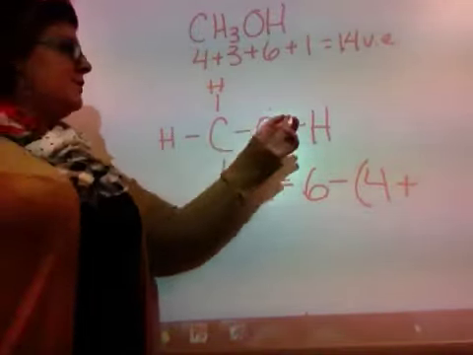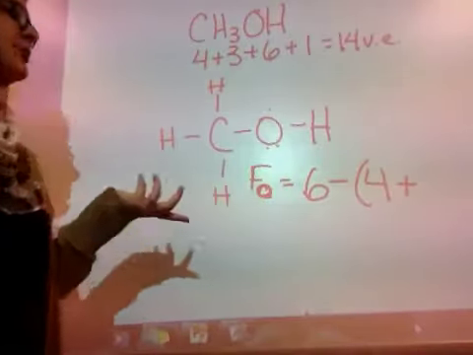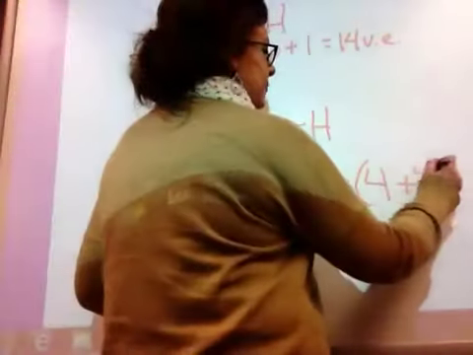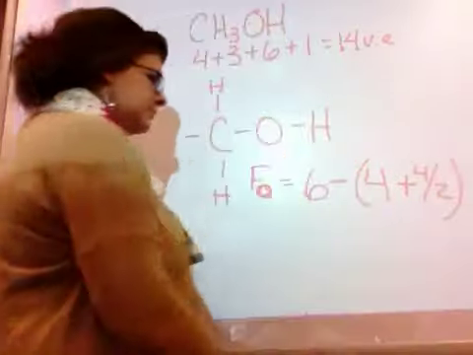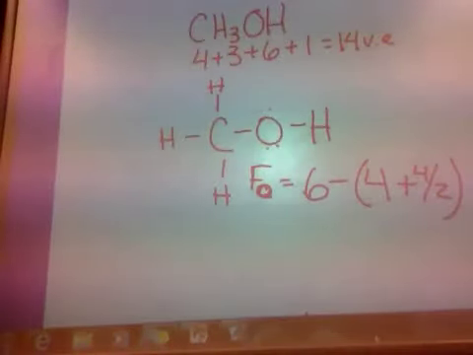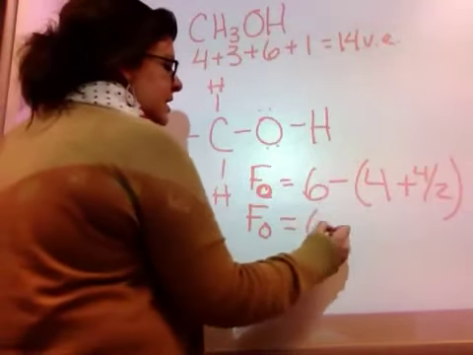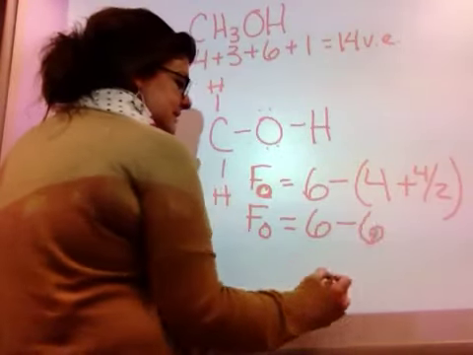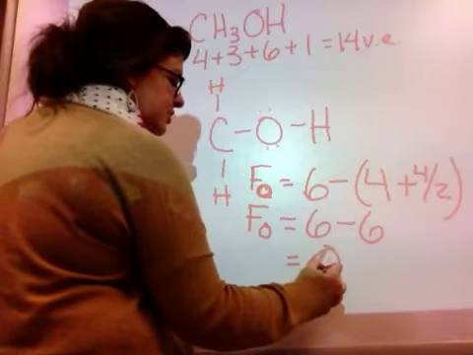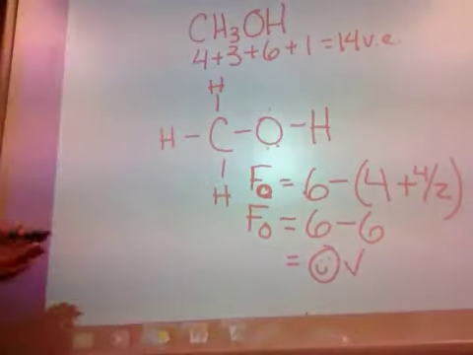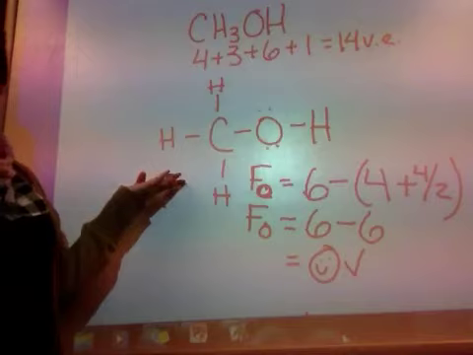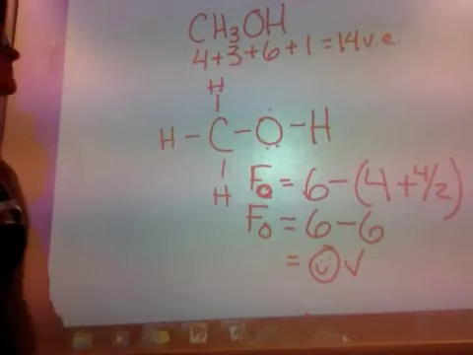So here's 1, 2, 3, 4. So then I have 4 electrons that are acting in bonds. So it'd be 4 over 2. Okay, so if I simplify this, formal charge of oxygen is equal to 6 minus 6. So formal charge of oxygen is 0. Yay! So that means that this structure that we drew here is perfect.